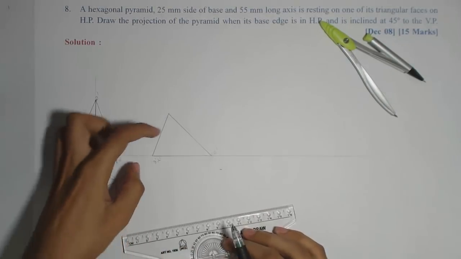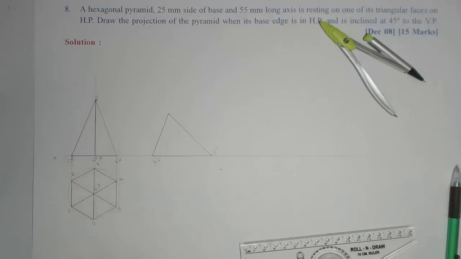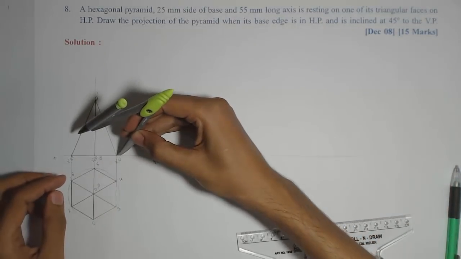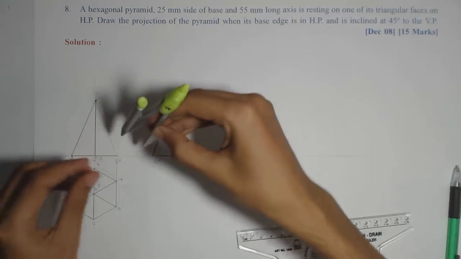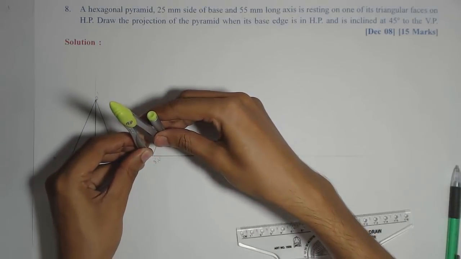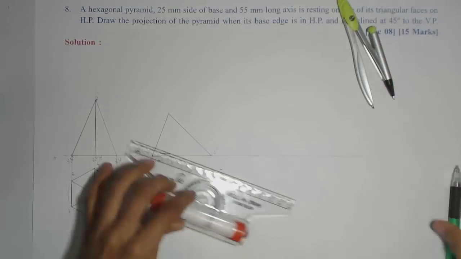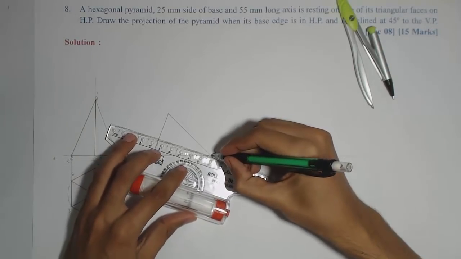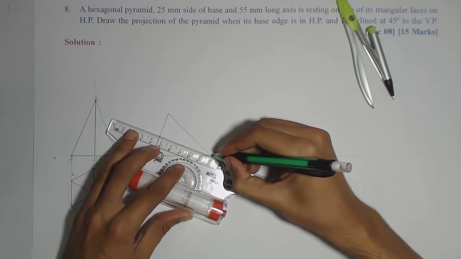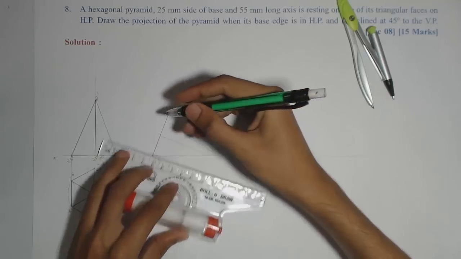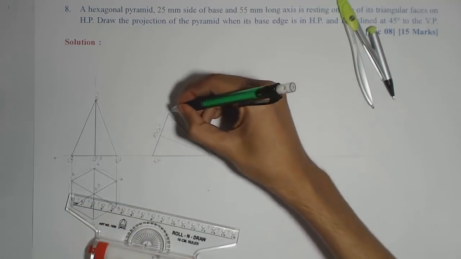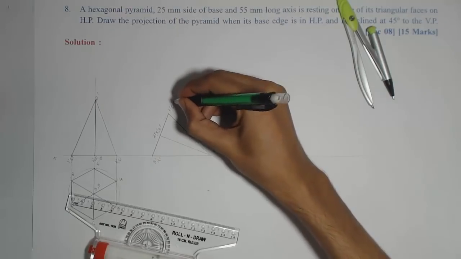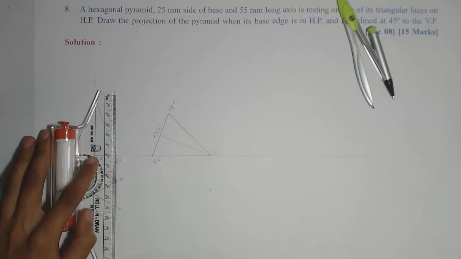Now the base has shifted to this position, so we'll mark the center division 2 dash, 5 dash, O dash from any one of the corner. That is again dark. This is 2 dash, 5 dash, O dash. O dash is again marked, so 1 dash and 6 dash. I will complete the corresponding top view in second stage.